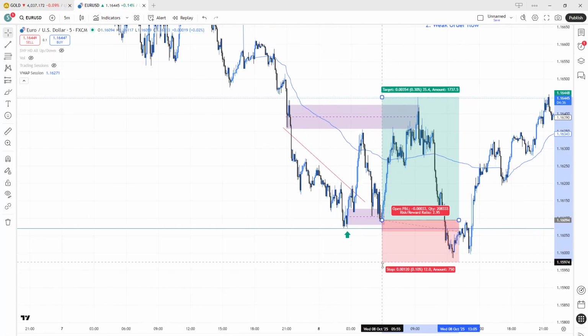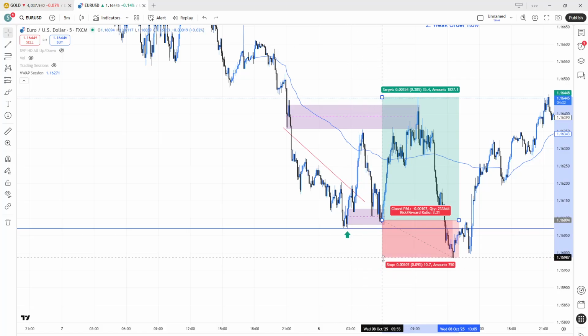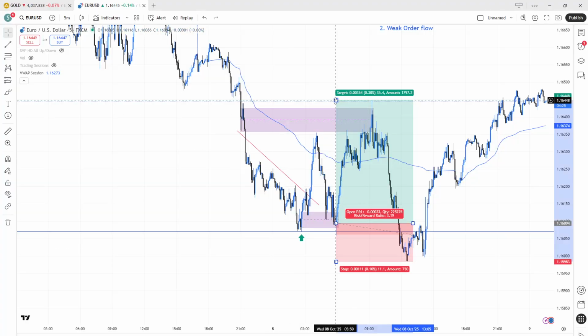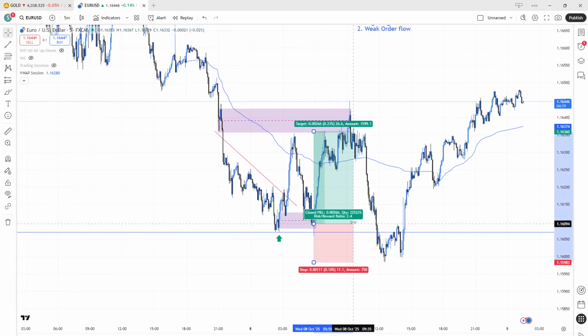And of course, I have to be mindful about this because this is the last previous low. So I actually did a 100 pip stop loss right here, just for that. So it was a quick trade. It was just a quick trade.